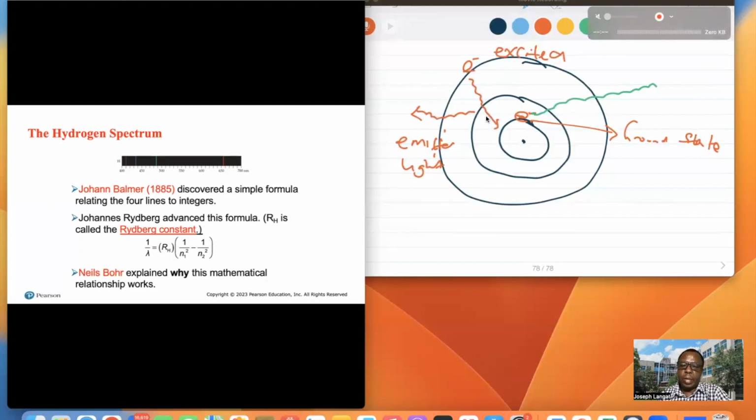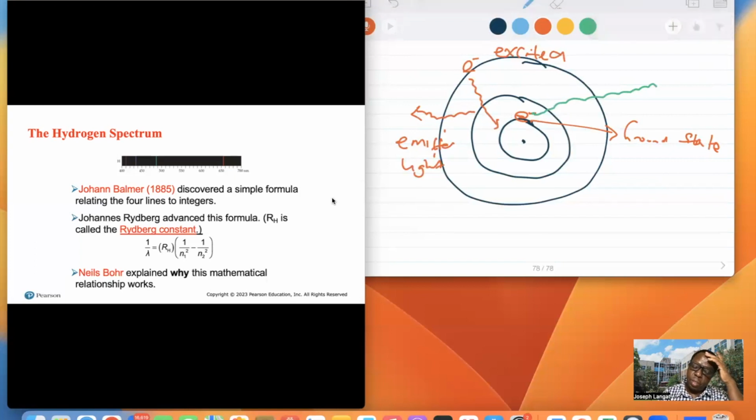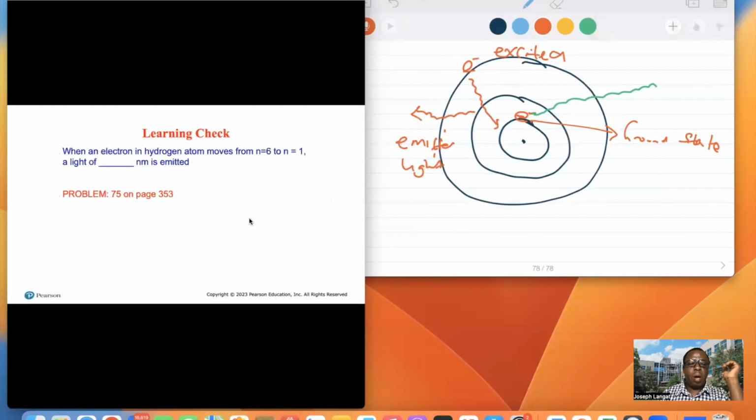And when it relaxes, it will emit light of characteristic wavelength. Remember, energy cannot be created or destroyed.